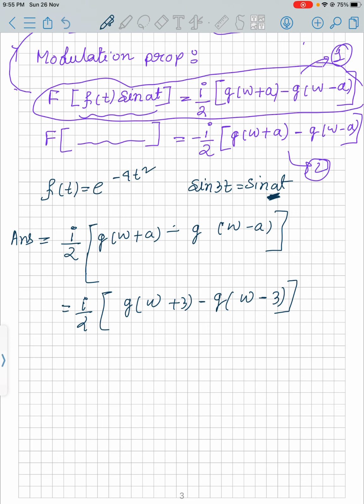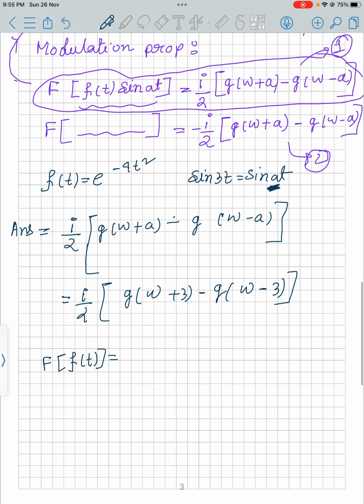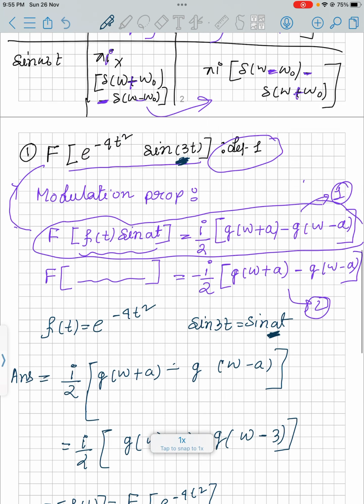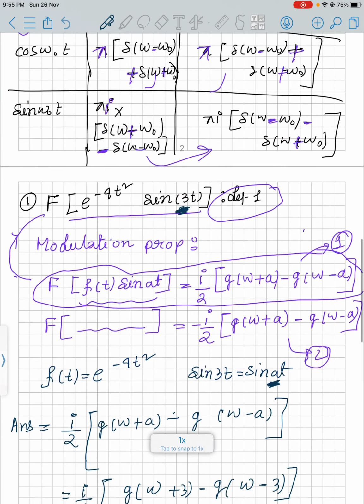g(omega) is the Fourier transform of the function of t. So recall the Fourier transform of e to the power minus 4t square. Recall from the table using definition 1: root over of pi by a, e to the power minus omega square by 4a.